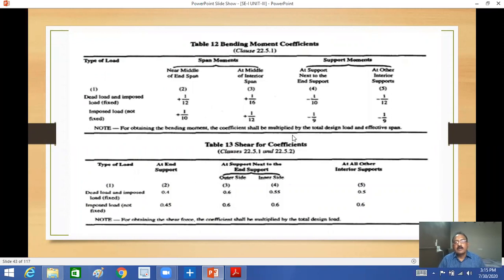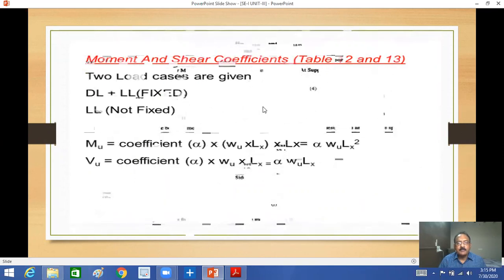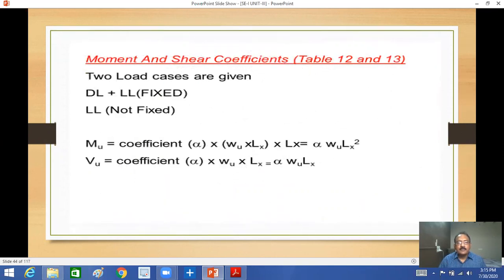To solve the problem for continuous slabs, the procedure is the same. Live load may be given or not given; we can assume that. There are two cases. For dead load and live load, the bending moment is the coefficient alpha times Wu times Lx times Lx, that is, alpha Wu Lx square.